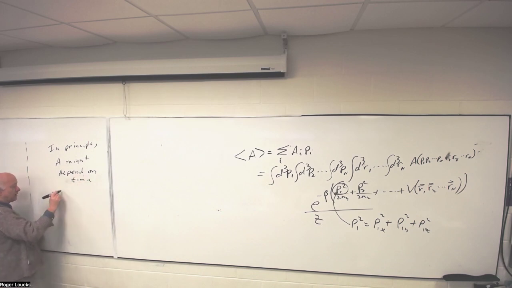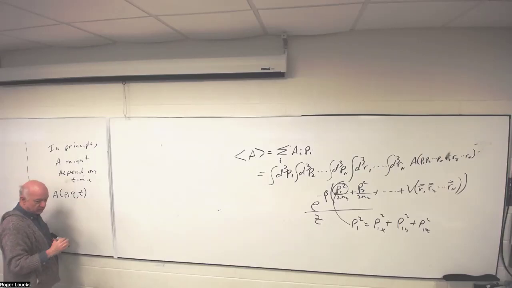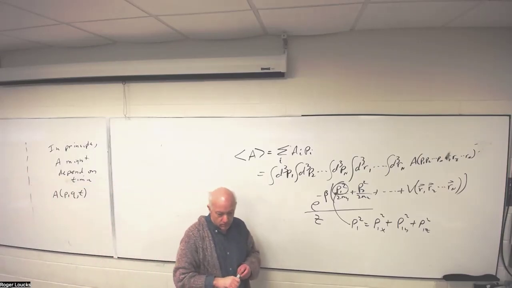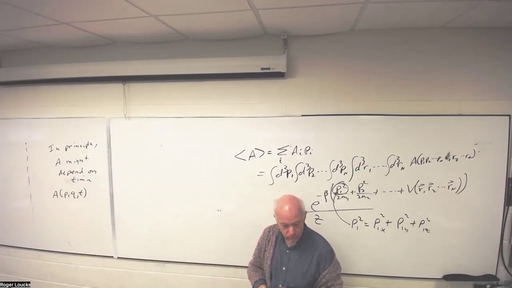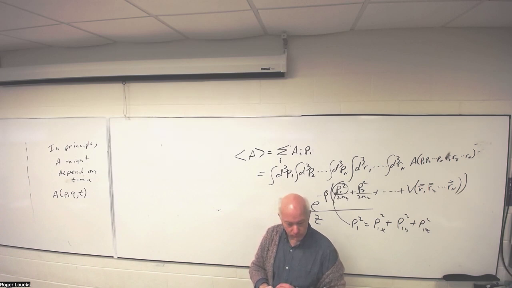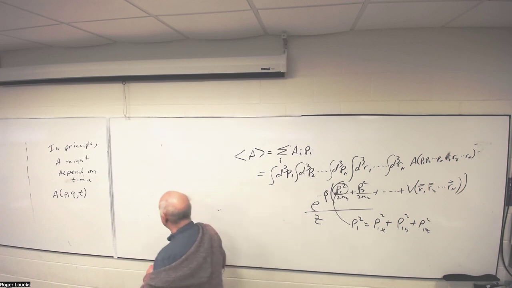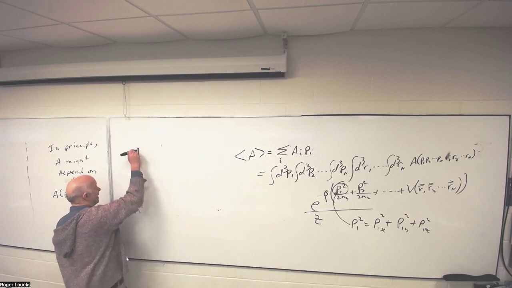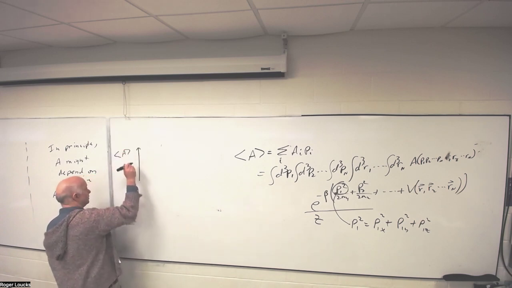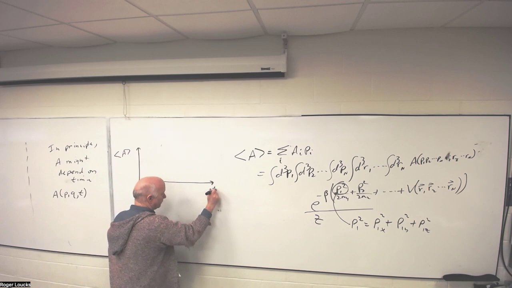So I could have this A depending on all the positions, all the momenta, as a function of time as well. So what can happen here is I can make a graph of the average value of A versus time.